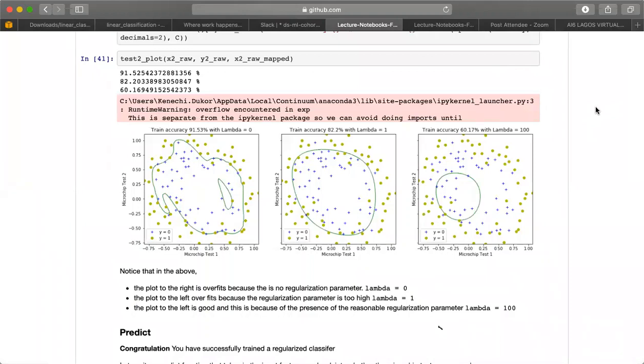So when you have new data, you're able to make good predictions. And looking at the graph that Kelechi just pulled up, it might show you something about overfit, underfit, or just good fit.